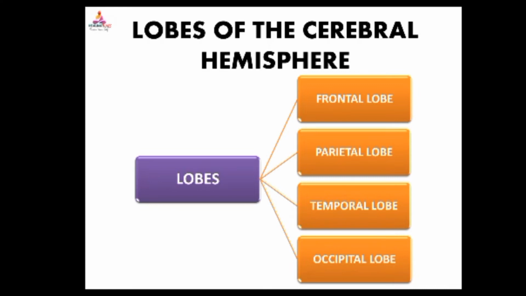To discuss further about sulci and gyri, the other aspect of the cerebral hemisphere, the superolateral surface of the hemisphere is arbitrarily divided into four lobes: frontal lobe, parietal lobe, temporal lobe, and occipital lobe, with the help of three main sulci, central sulcus, lateral sulcus, and parieto-occipital sulcus, and two imaginary lines.